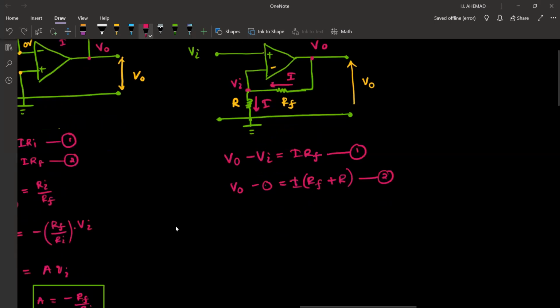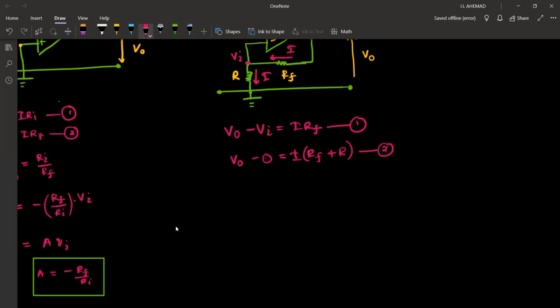Just divide them. I'll divide the second equation by the first equation. When I do that, I have V0 over V0 minus Vi. I'll divide the other way, 1 over 2.